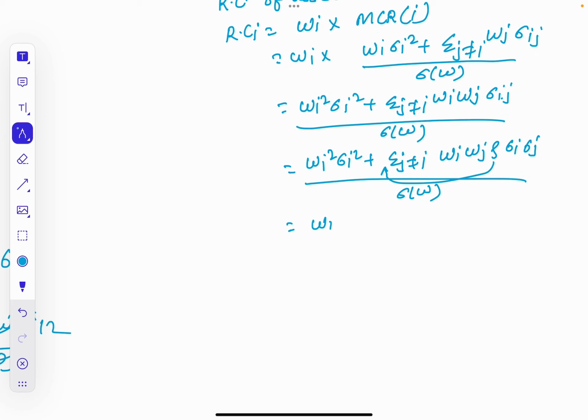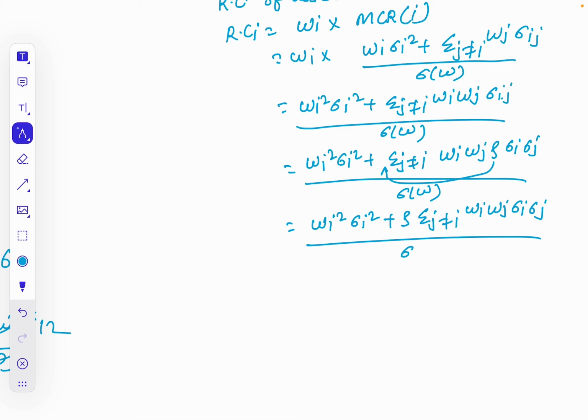So it would be weight i square into sigma i square, plus rho, which can be taken outside, into summation over j not equal to i of weight j, sigma i, sigma j, divided by sigma w.